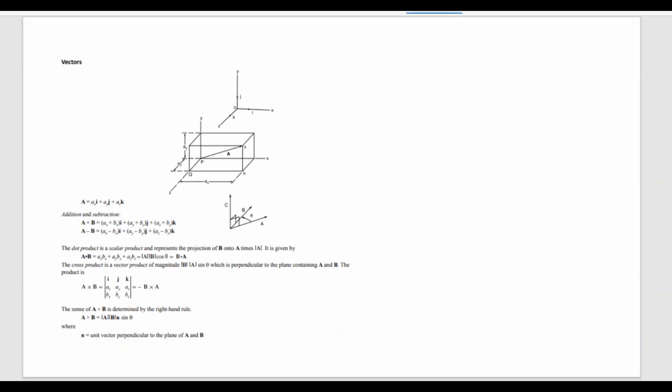And here they give you the formula for the dot product. A dot B equals AX BX, and I will take another vector, B, to make it clearer.